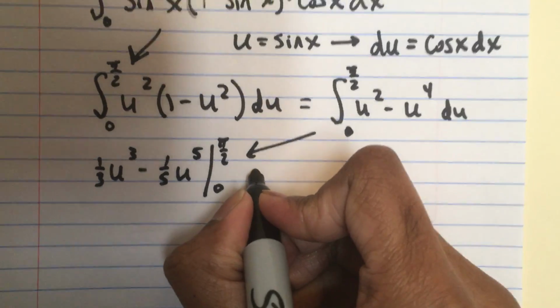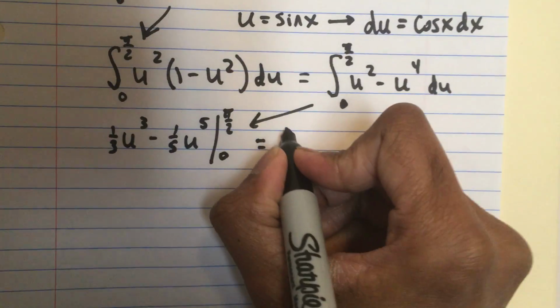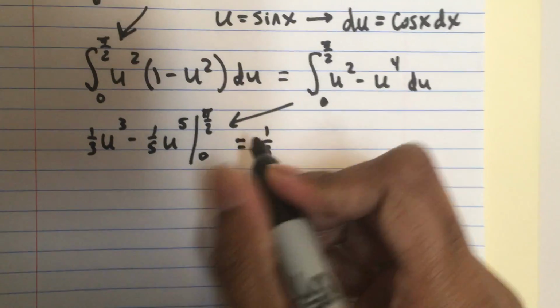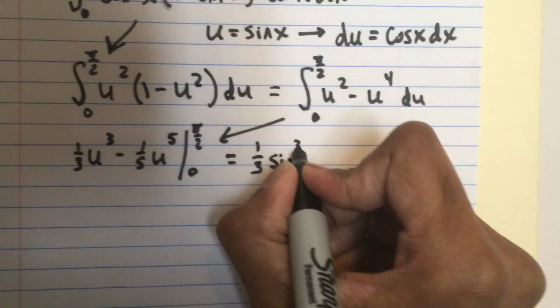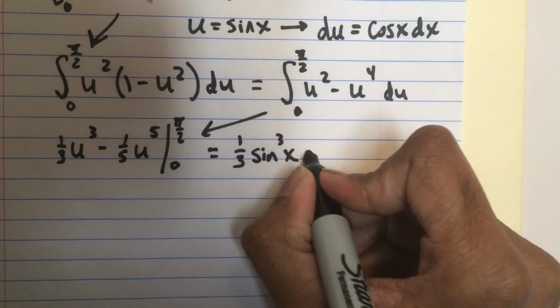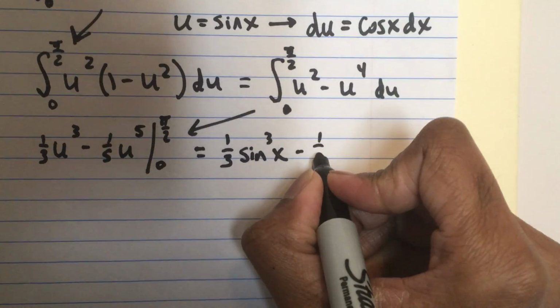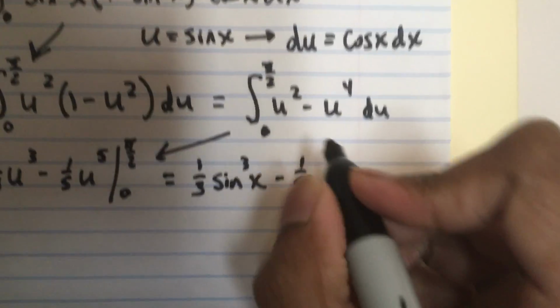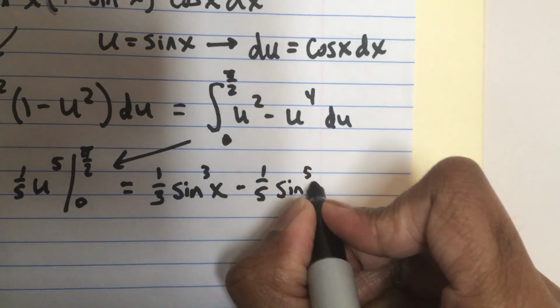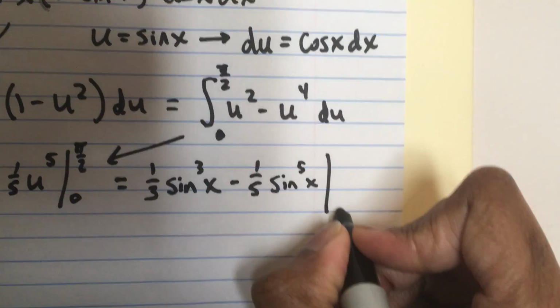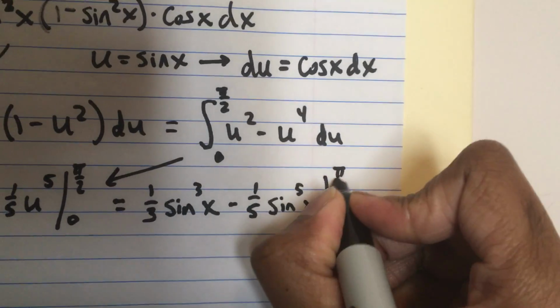This is going to equal 1/3, now replace the u with sine x, so sine cubed x minus 1/5 sine x to the fifth power from 0 to pi halves.